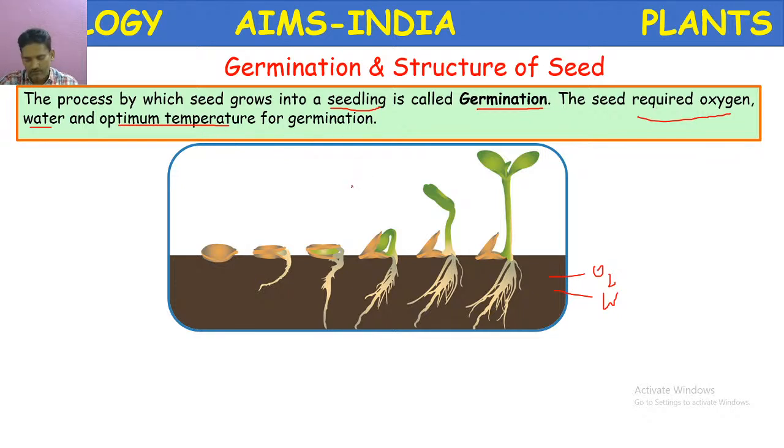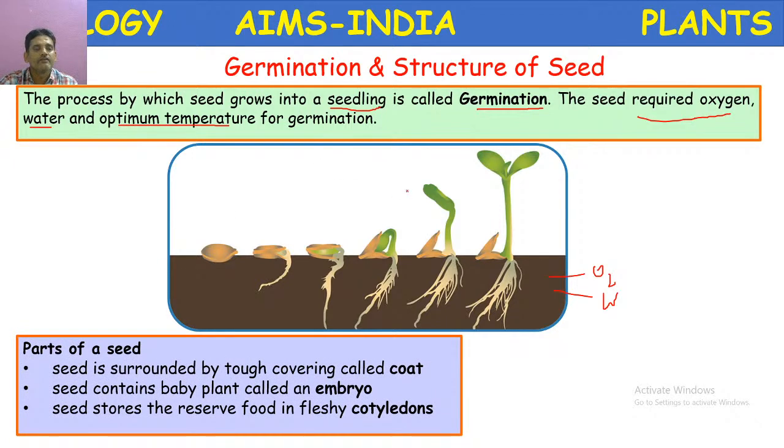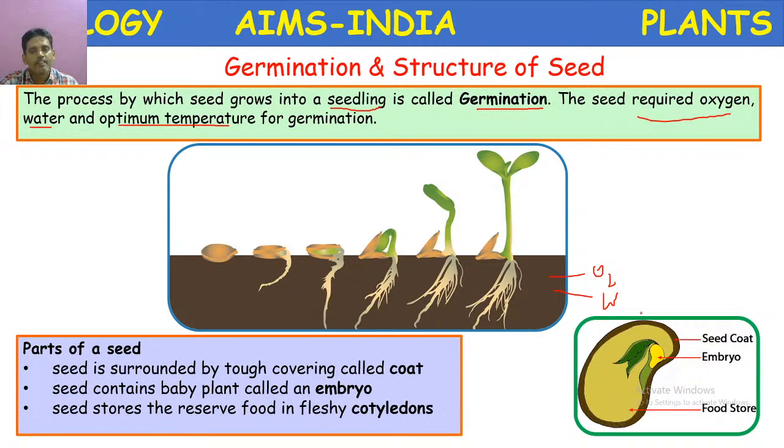Okay, so after germination, let us see the structure of the seed. Then let us once again discuss how it germinates. So, parts of a seed. A seed is the product of fertilization.